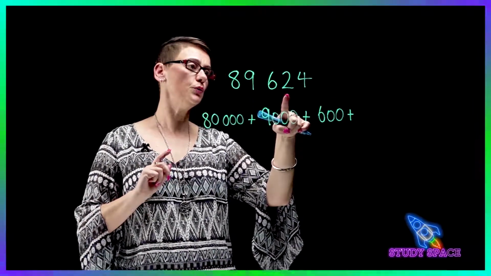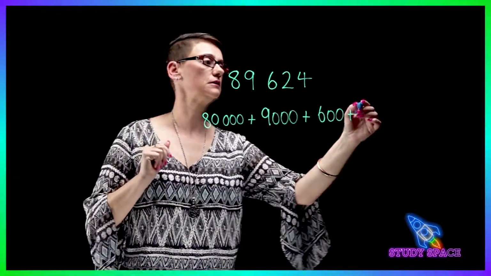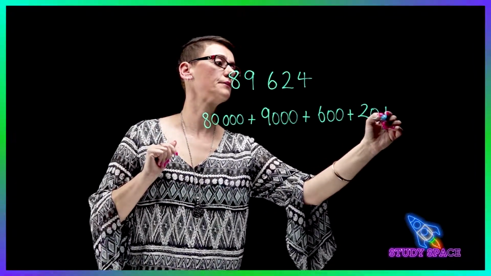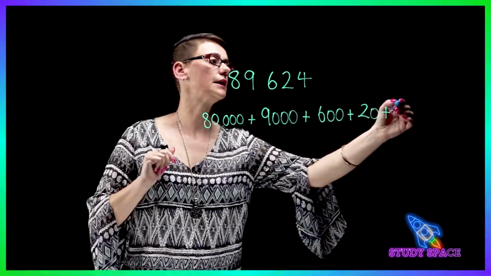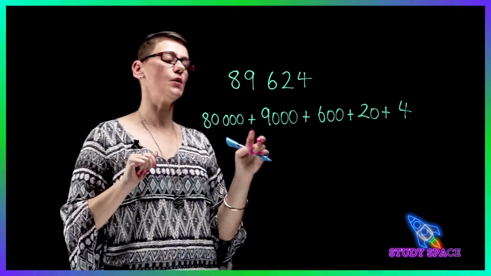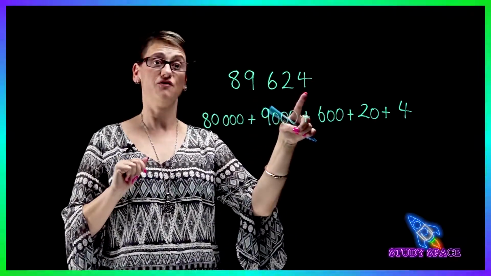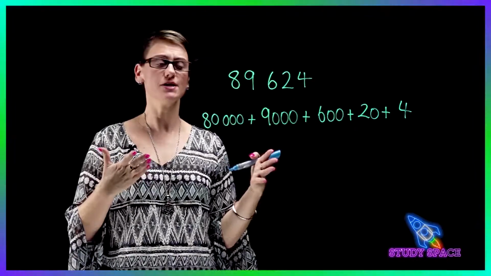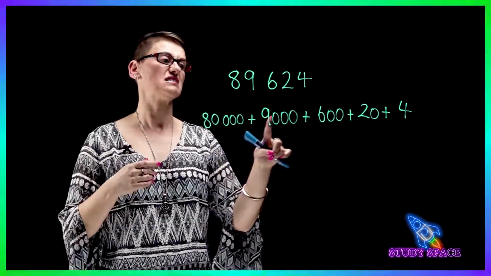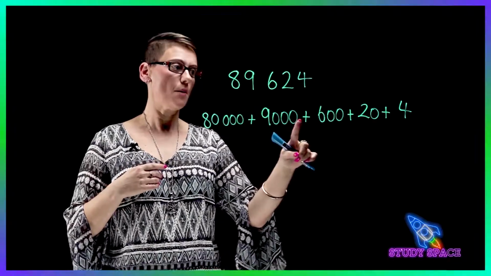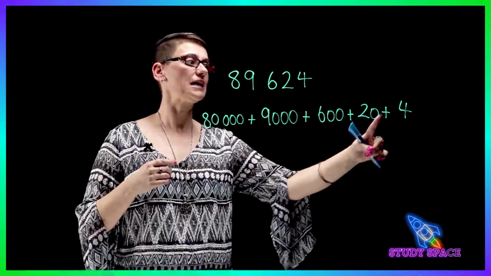The 2, so ones, tens, 2 is worth 20, plus 20, and plus our ones, which is 4, okay? All right, so 89,624 in expanded notation is 80,000 plus 9,000 plus 600 plus 20 plus 4.